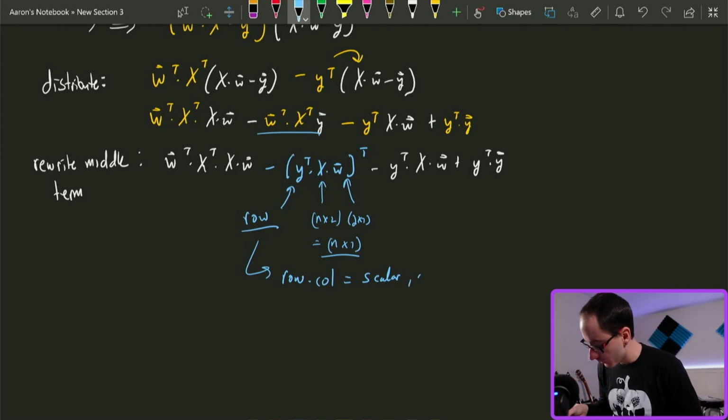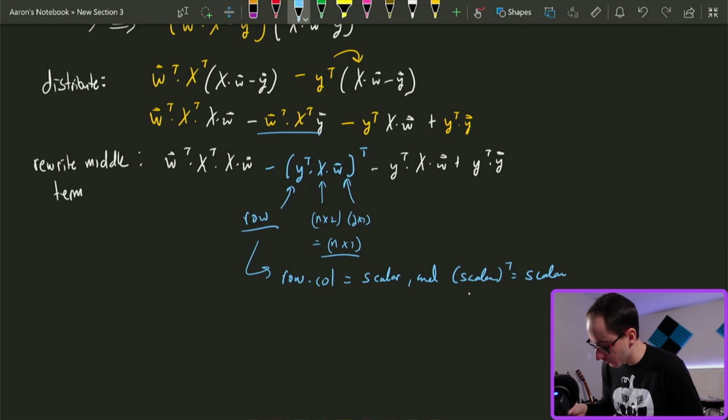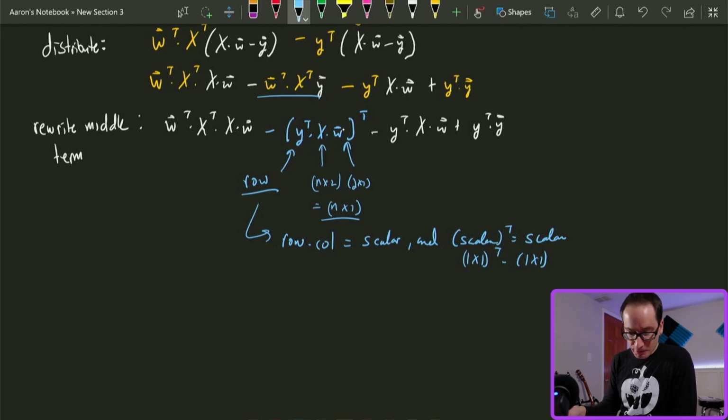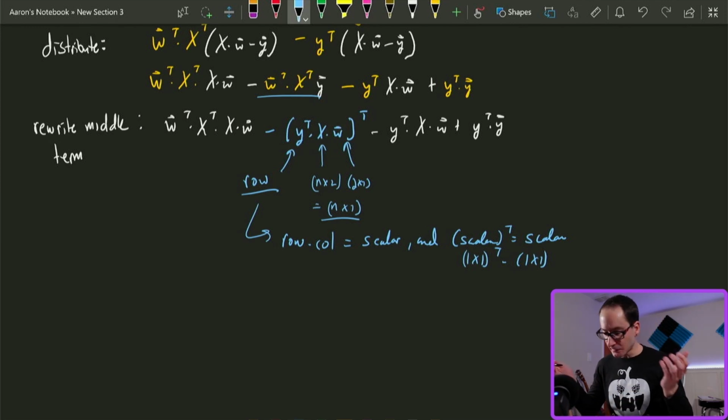And the transpose of a scalar, or a 1 by 1, is that same 1 by 1. So by taking the transpose here, it's essentially the same thing as it is originally.